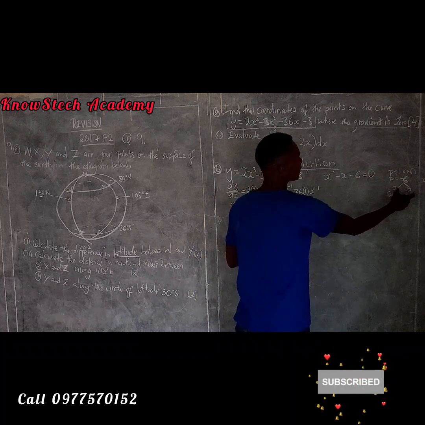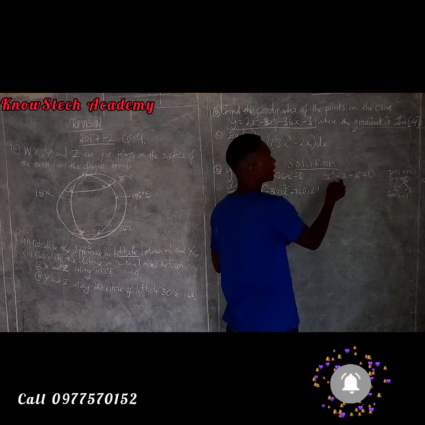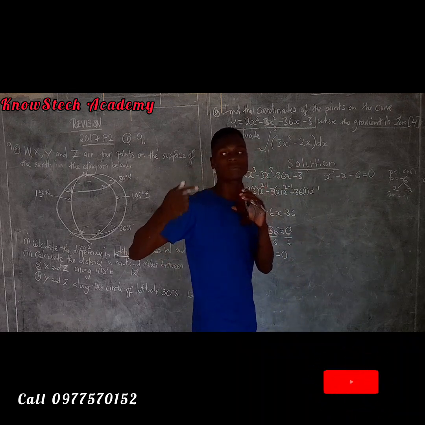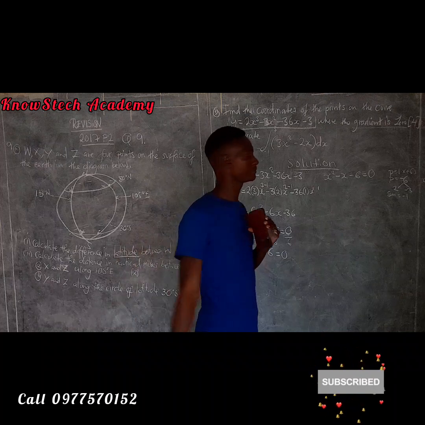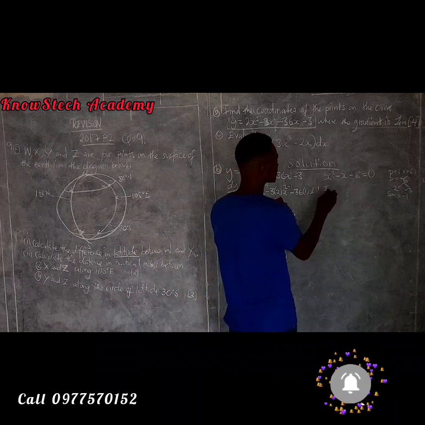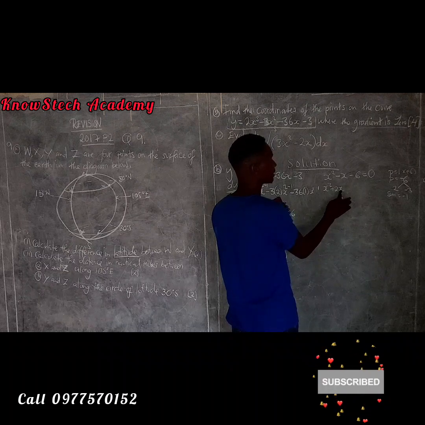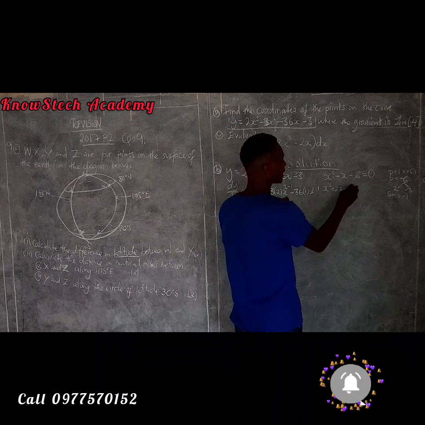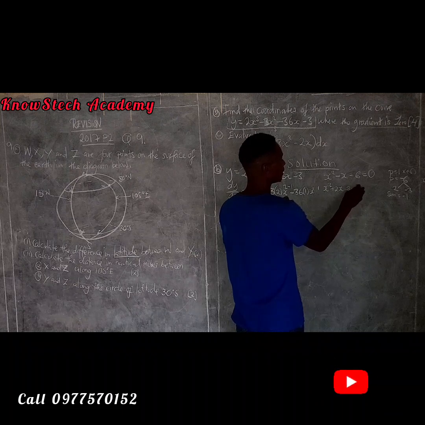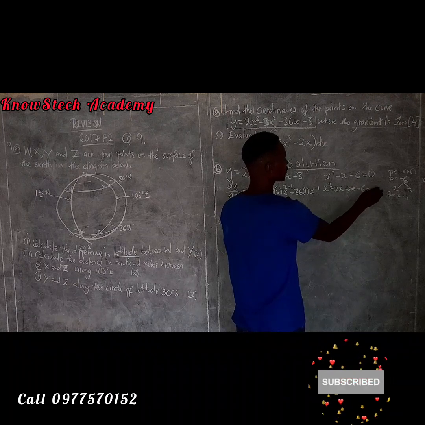So you use these factors to split the b here, so that you factorize by grouping. So this one will be x squared plus 2x minus 3x minus 6 is equal to 0.